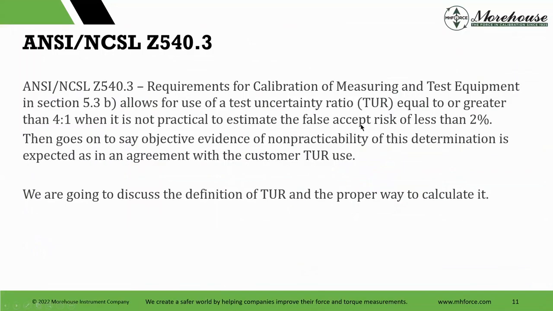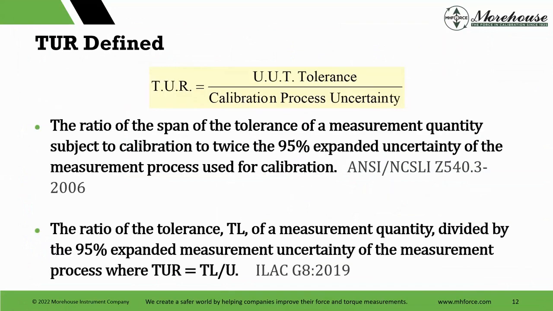I was debating on when to go to it, but I wanted to show people this so you can visualize that, hey, if your TURs are low, or you go to that calibration supplier that has high uncertainties, and they give you a 1-to-1 TUR or whatever, chances of you being in spec, if they follow these formulas, are pretty low.